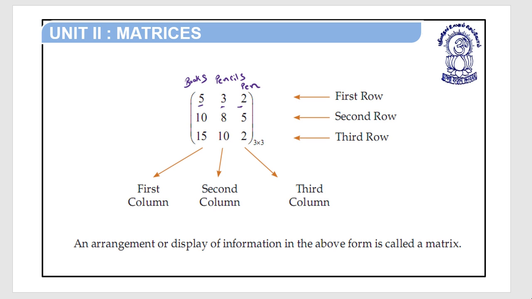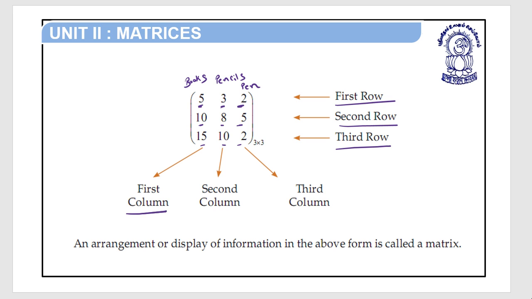Here 5, 3, 2 is first row. 10, 8, 5 is second row. 15, 10, 2 is third row.